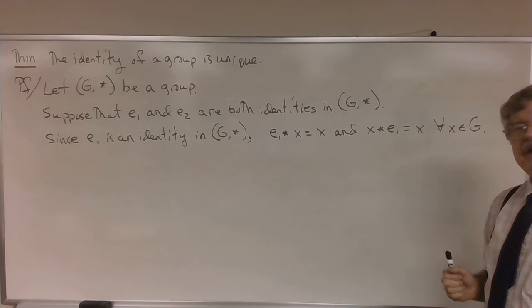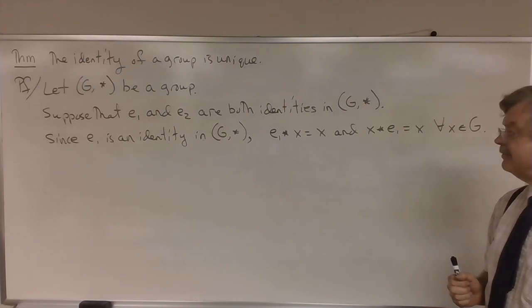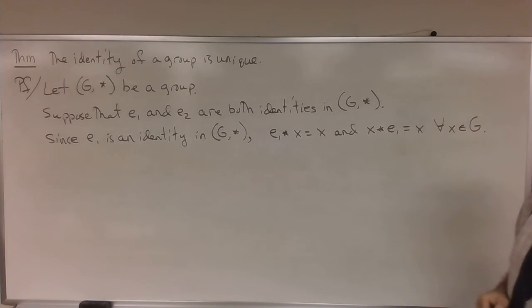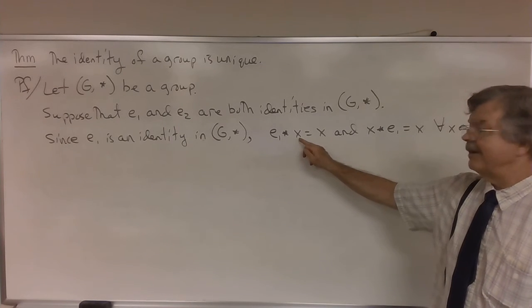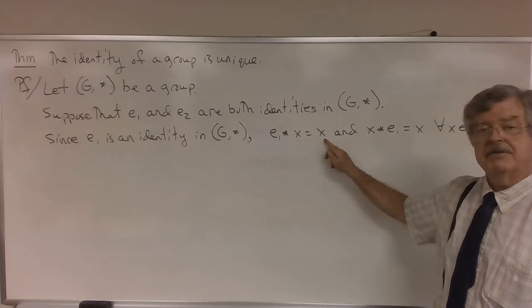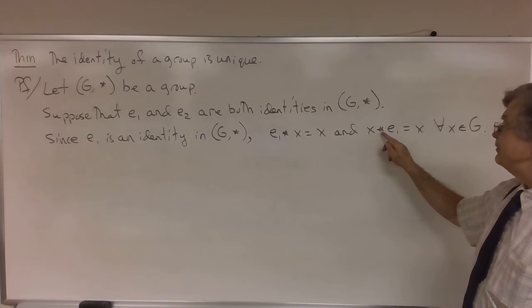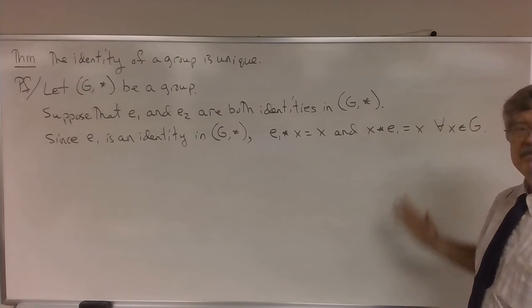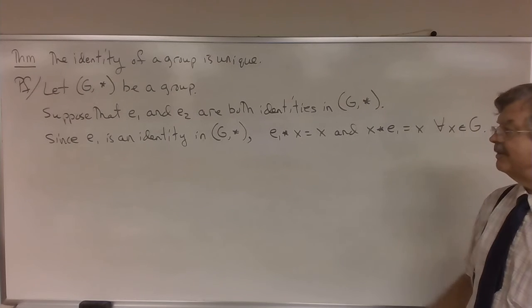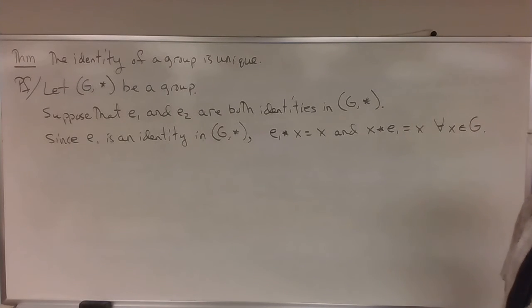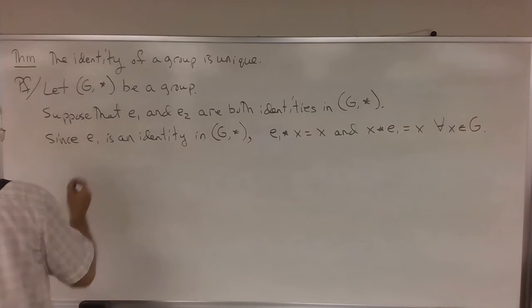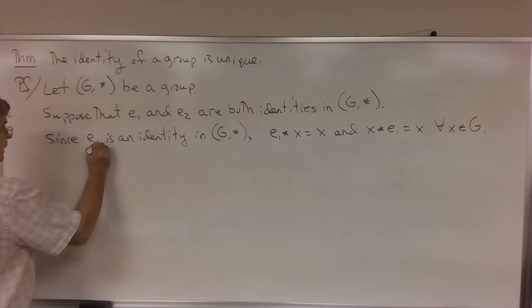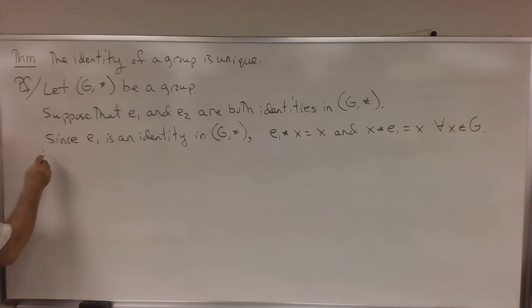We're just using the definition of identity here. If E1 is an identity, then E1 star any element is that element, and any element star E1 is that element. That's by the definition of identity. And we're going to make the same statement about E2, since E2 is an identity by hypothesis.